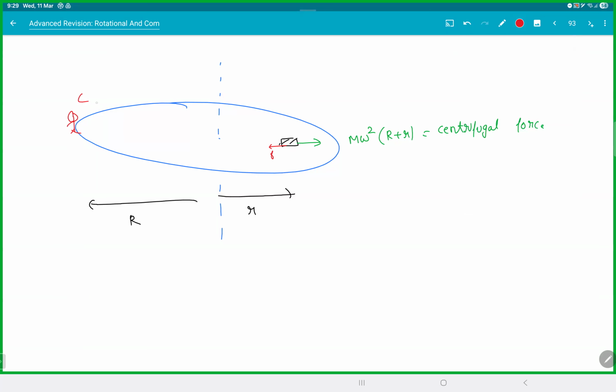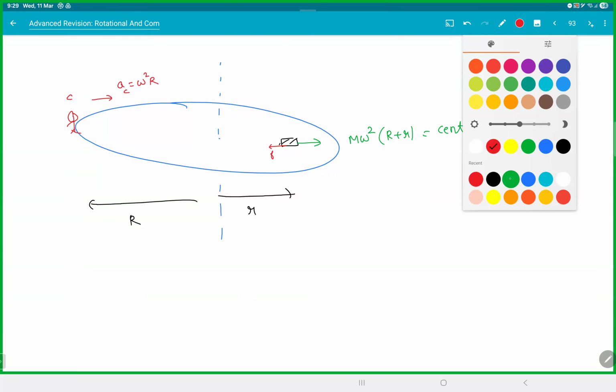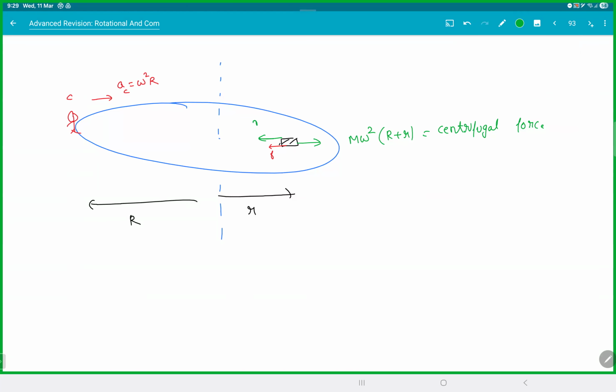Clear? But this guy, because he's going in a circle, himself has an acceleration, which is omega square capital R. Because of this acceleration, you will get one more pseudo force, which is m into the acceleration of C. This is that linear or radial pseudo force.